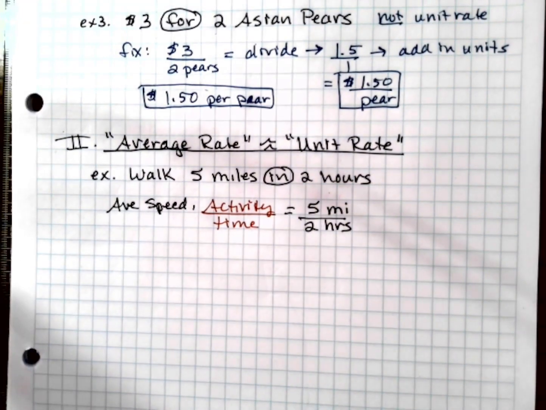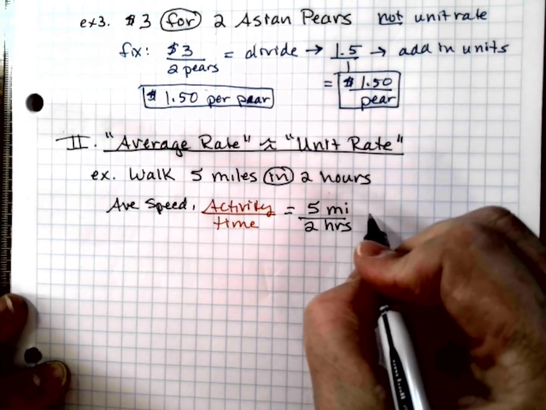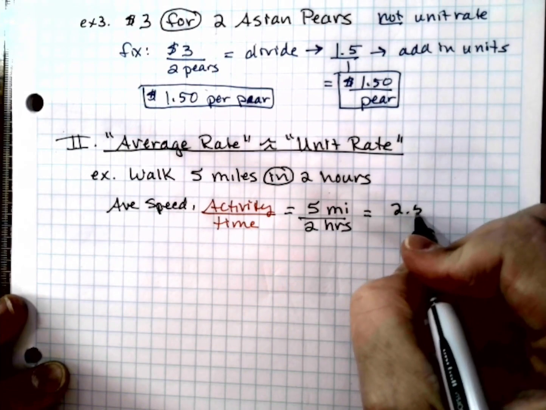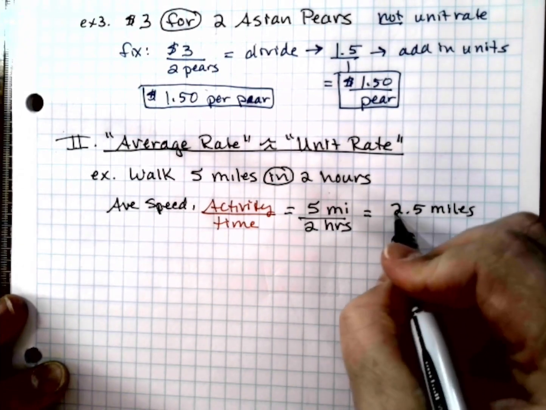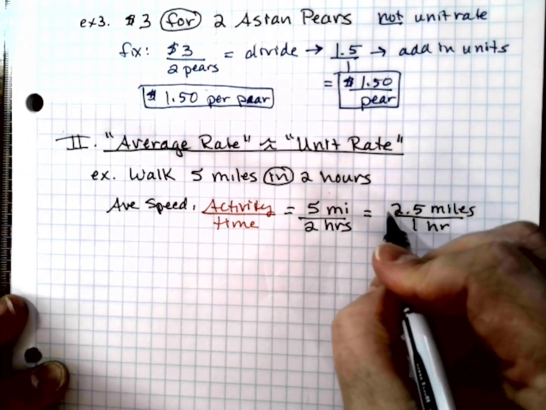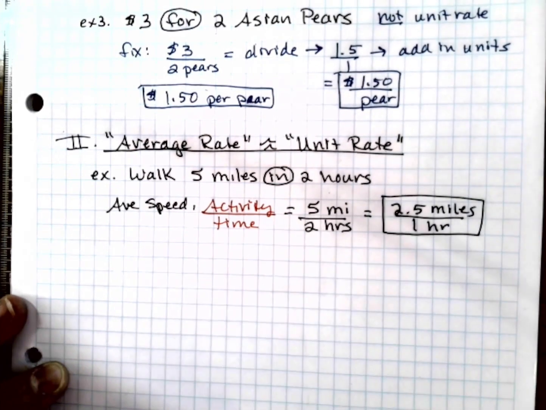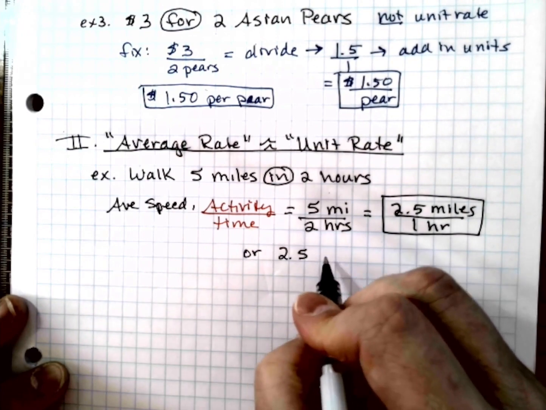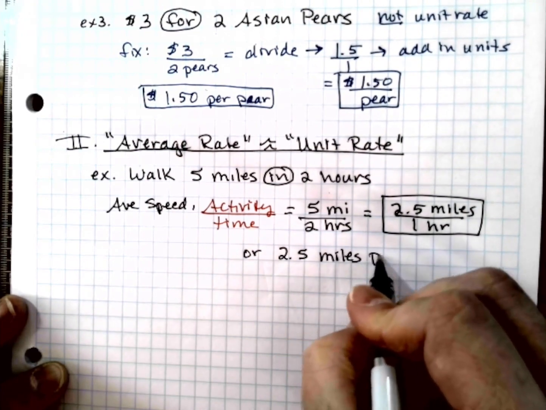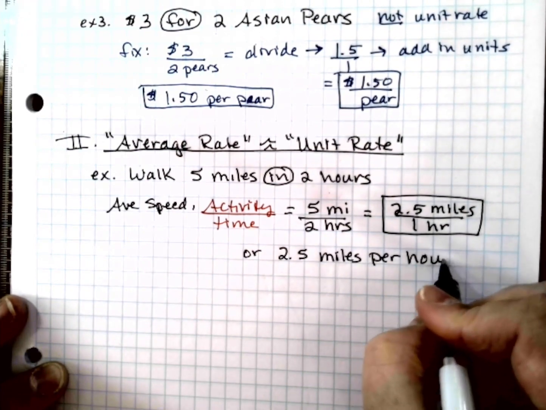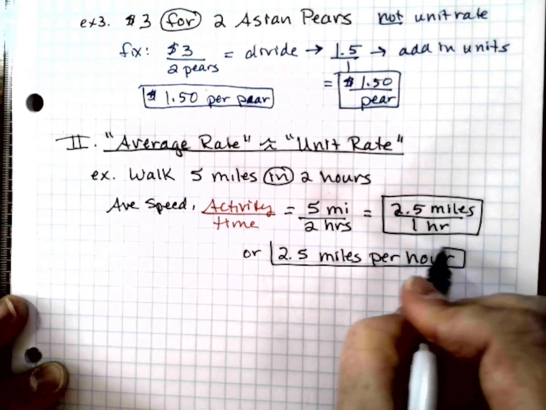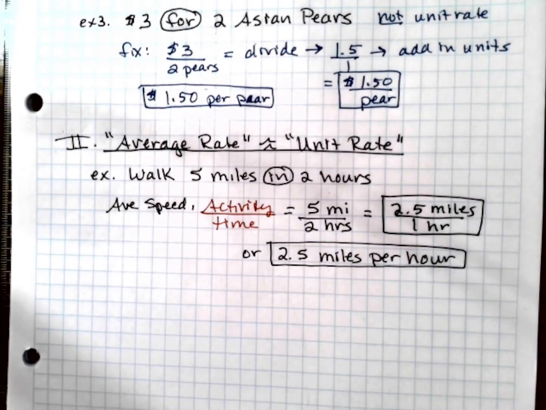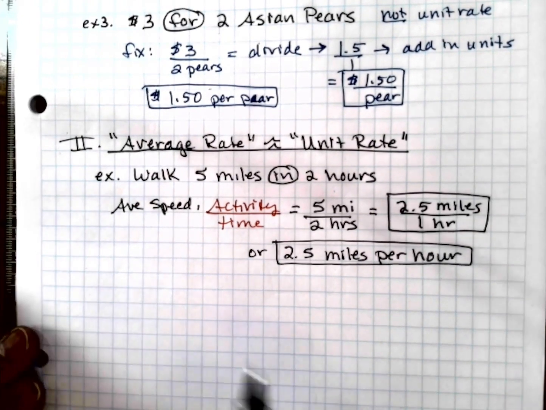To change this into an average rate or a unit rate, you divide the bottom into the top, and that gives you 2.5 miles over 1 hour. Another way to say that is 2.5 miles per hour. So that's how you build a unit rate or an average rate from information given.